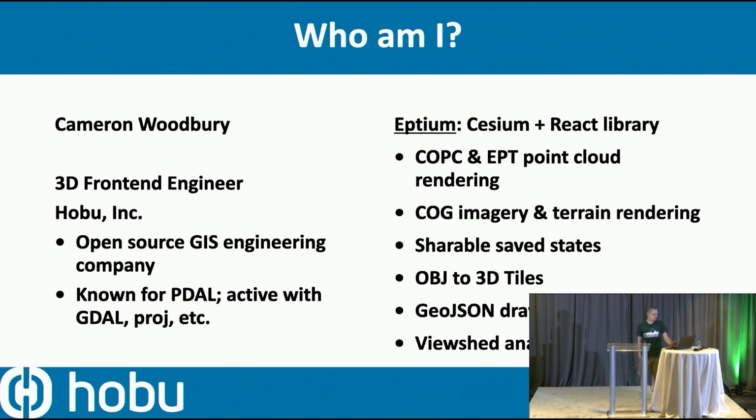Some of Eptium's features include COPC and COG rendering, so cloud-optimized point clouds and GeoTIFFs, and shareable save states, which I have taken advantage of throughout the presentation with QR codes up in the corners. So if you see a screenshot on a slide and a QR code, you can scan that code to pull up our viewer right with that data in the screenshot. And then the focus of today's talk will be on Eptium's viewshed analysis features.